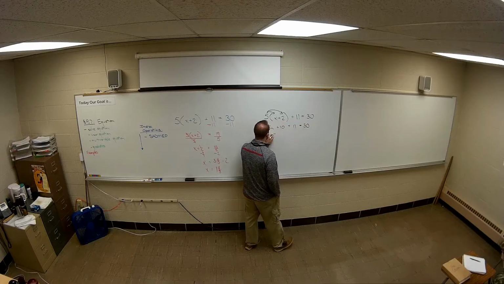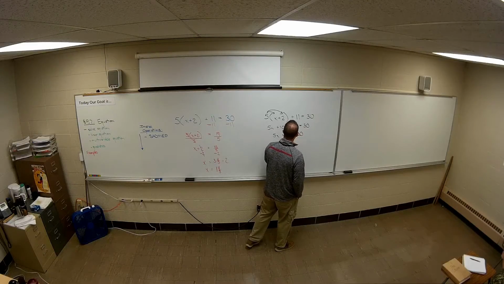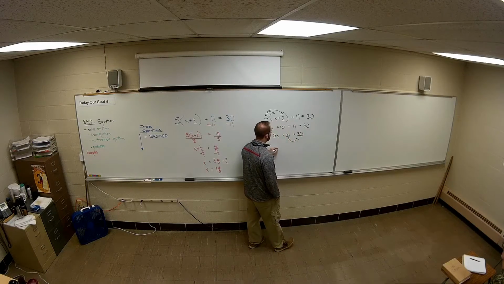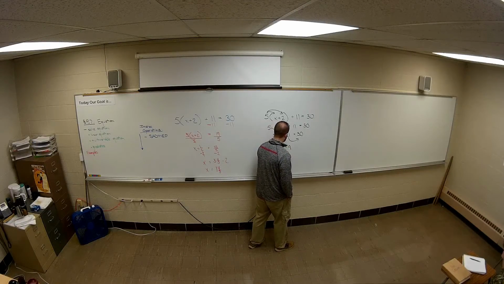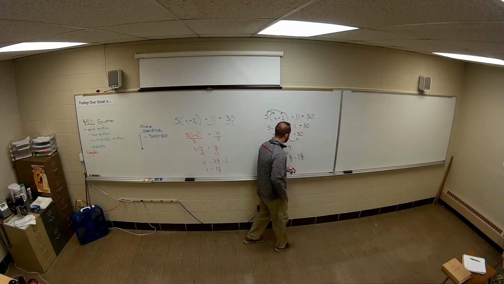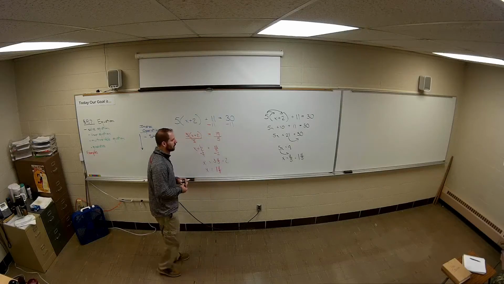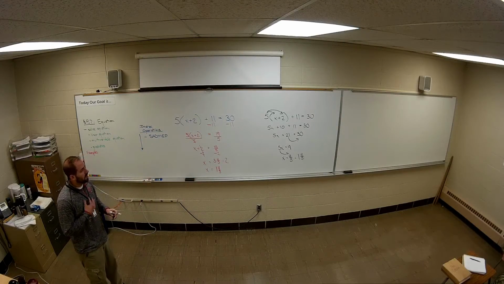I would have added these two together to make 21, and then subtracted the 21 across, making 9, and then divided by 5. That's the way I would have done it, which is 1 and 4 fifths. Right? 5 fifths and 9 ones with 4 left over.